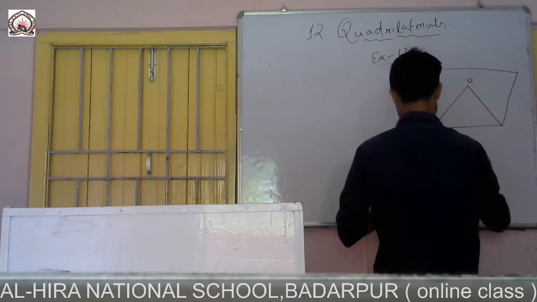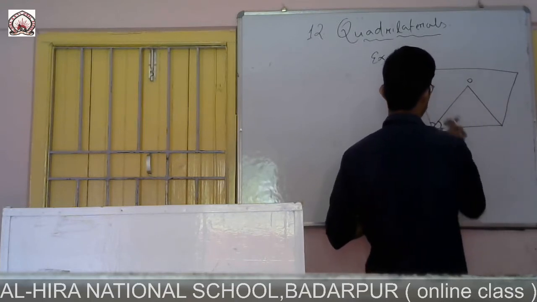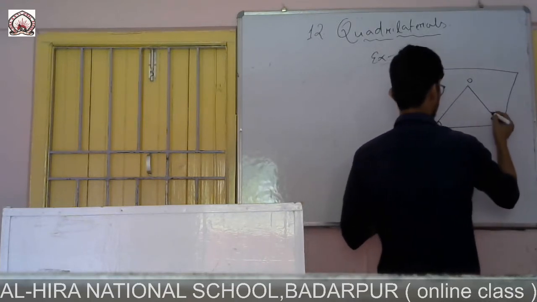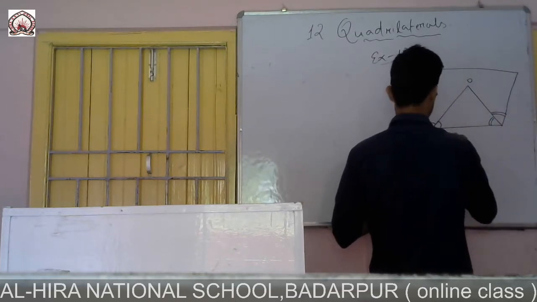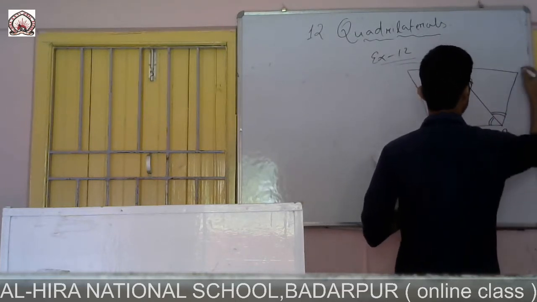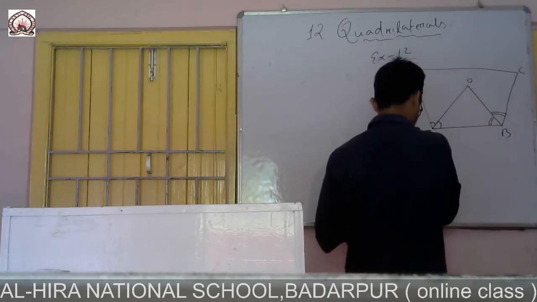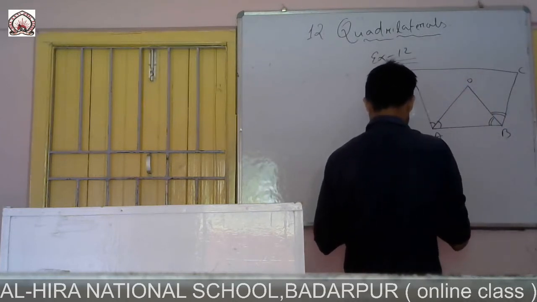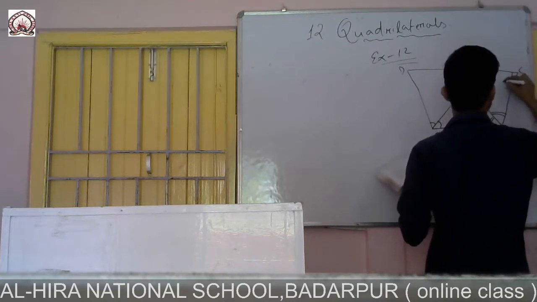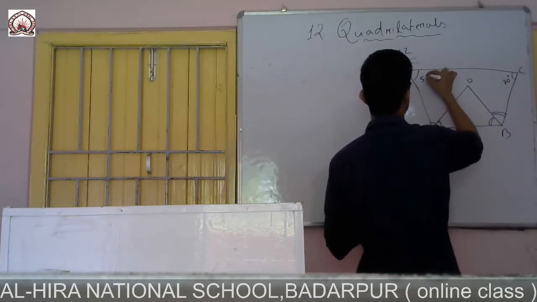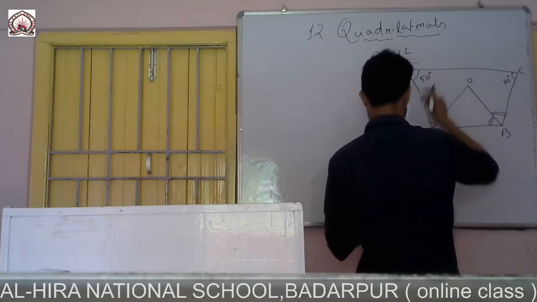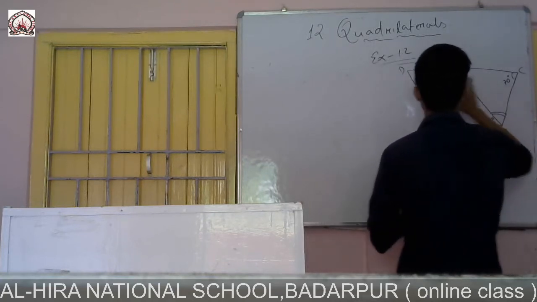This one is O. These two angles are bisected, that means both of them are the same. This one is also an angle bisector, so both of them are the same. It is A, B, C, D. And given that angle C equals 70 degrees, this one is 70 degrees. Angle D is given, it is 50 degrees.